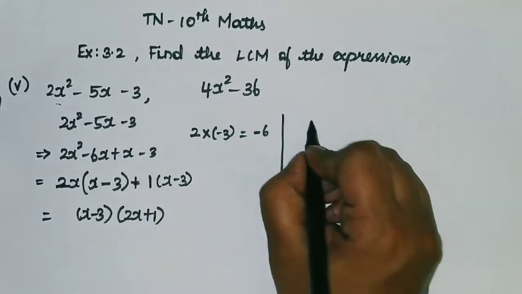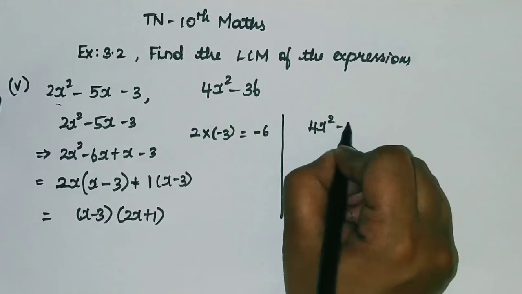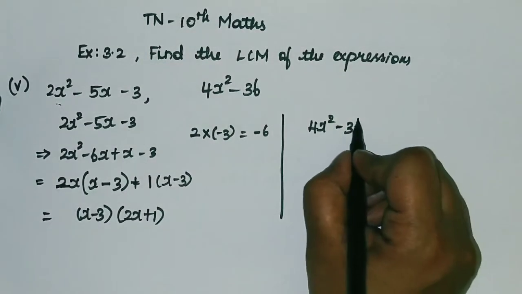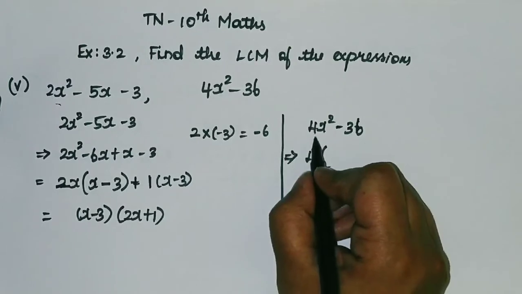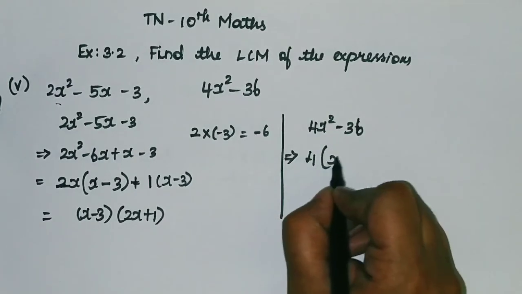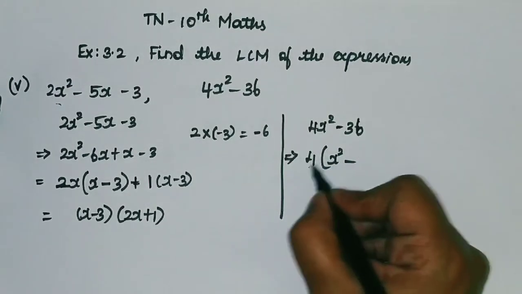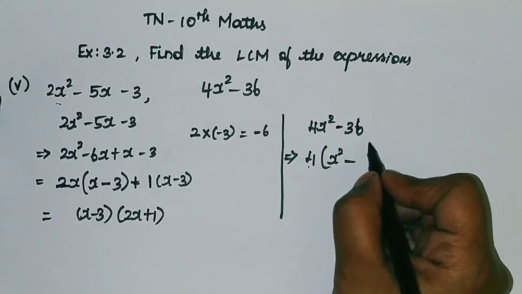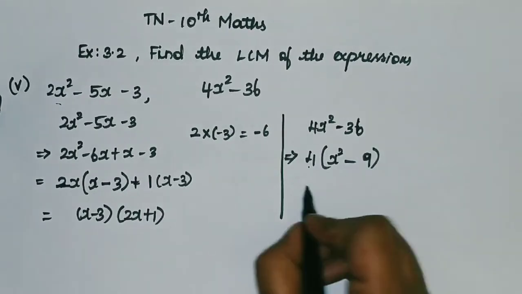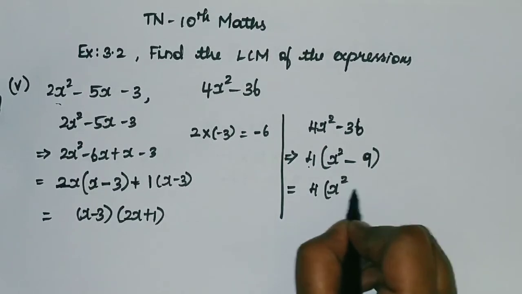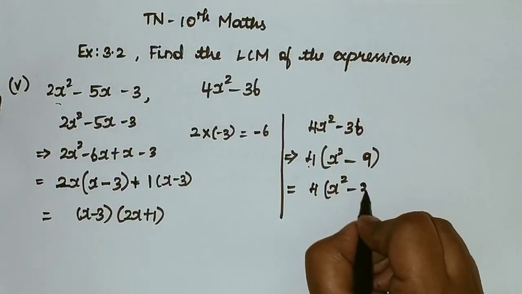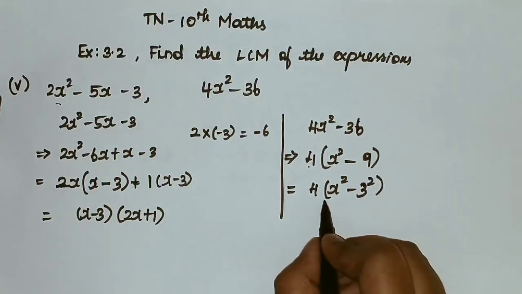Next, I'm going to solve this 4x square minus 36. So here 4 we can take common outside. If you take 4 common outside, 4x square becomes x square, and 36 divided by 4 is 9. The next step, 4 into x square minus 9, I can write it as 3 square.